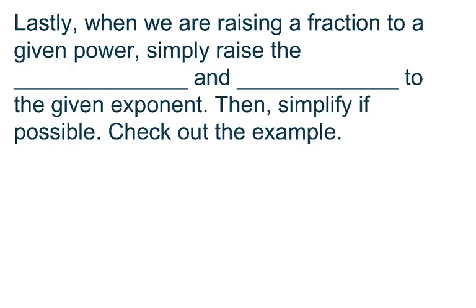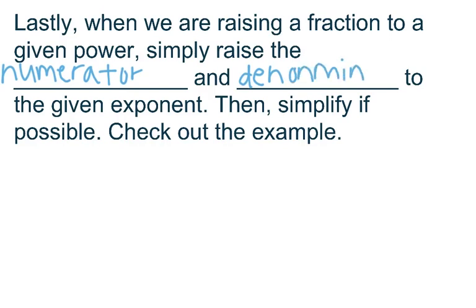Lastly, when we are raising a fraction to a given power, simply raise the numerator and the denominator, which is just the top and bottom of the fraction, to the given exponent.